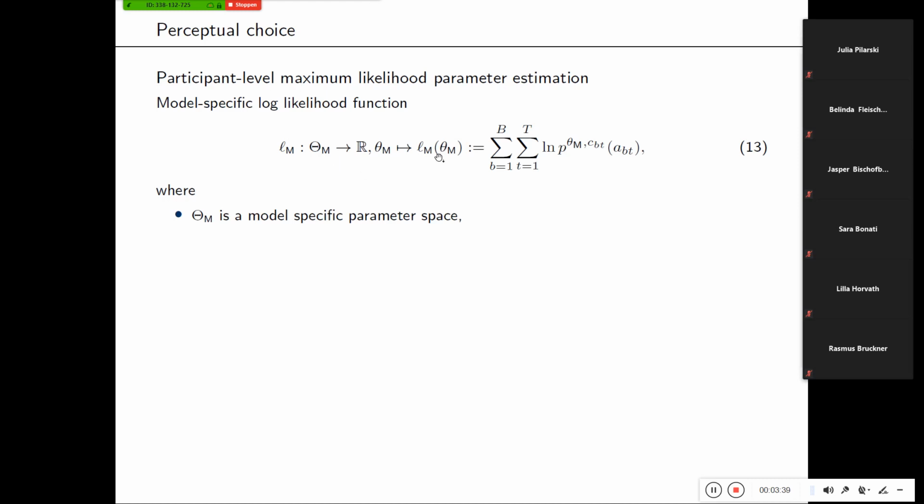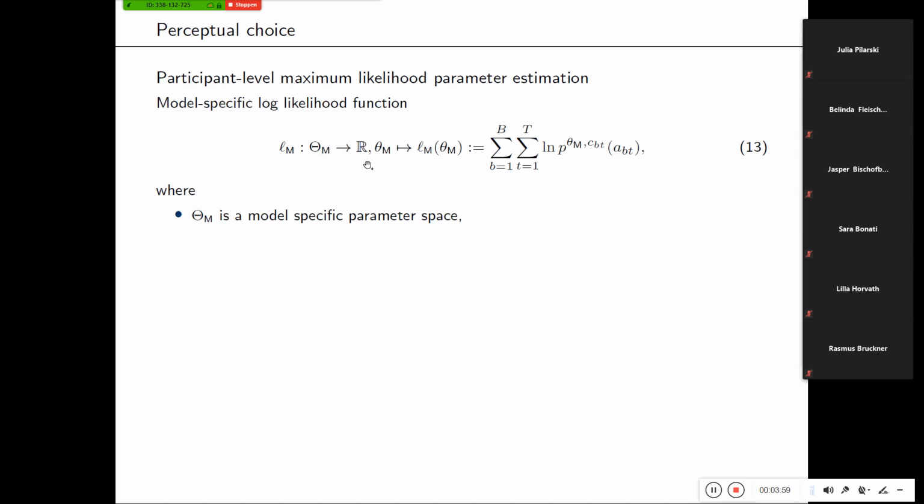So in this case, we just evaluate one log likelihood. The other ones, the 1D models, there we have the parameter space, for example, for the action noise being just the interval from 0 to 0.5. So these are these parameter spaces.